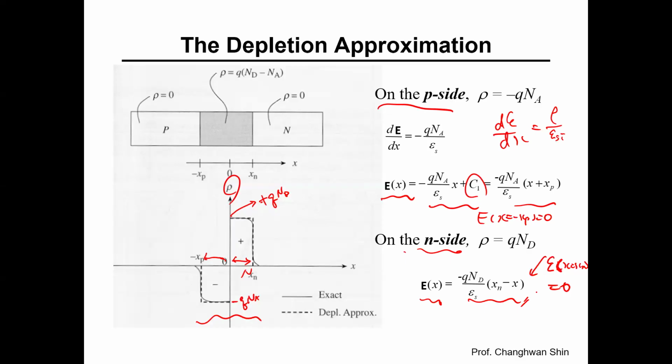It is noteworthy that the field is maximum at x equals 0, which is the metallurgical junction, and decreases linearly as we move away in either direction, reaching 0 at the edges of the depletion region. The depletion approximation, while it is not perfect, provides an excellent basis for understanding p-n junction behavior and is accurate enough for most device analysis purposes.